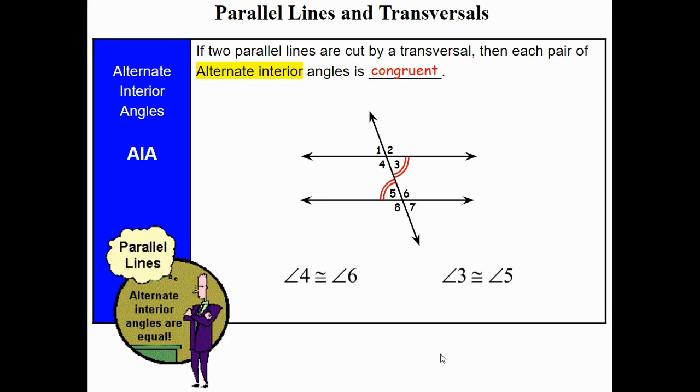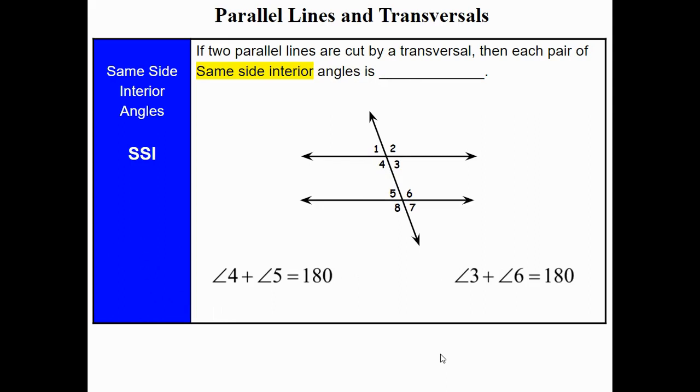Another kind that we just talked about is same side interior. So you write that down in your box there. And same side interior angles are supplementary, meaning they add to 180. So 4 and 5 are an example of supplementary angles. If you knew 4, you could figure out 5. If you knew 3, you could figure out 6, and vice versa.